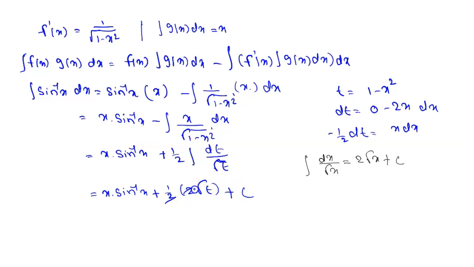Here I can cancel 2, is equal to x into sin inverse x plus root t. The t value is how much? 1 minus x square. So here the value of this question is what? Integration of sin inverse x dx is equal to x sin inverse x plus root over 1 minus x square plus c. This also we need to remember.